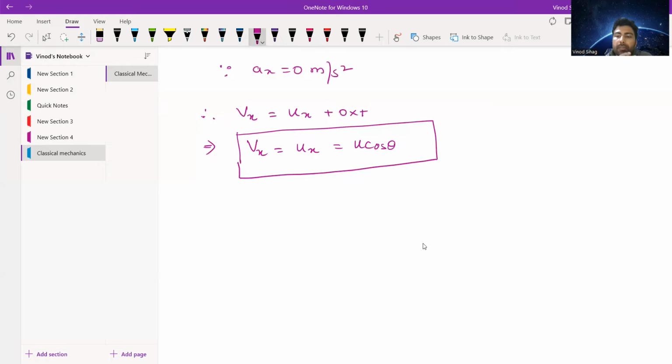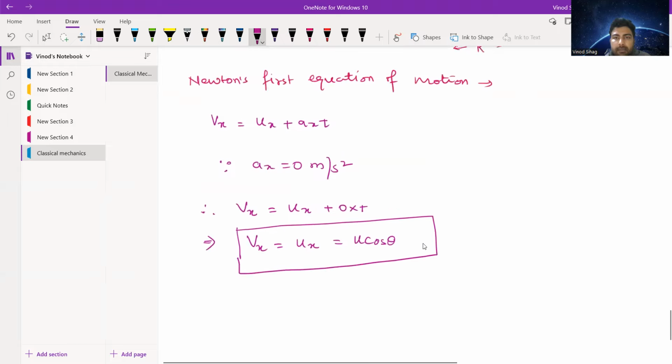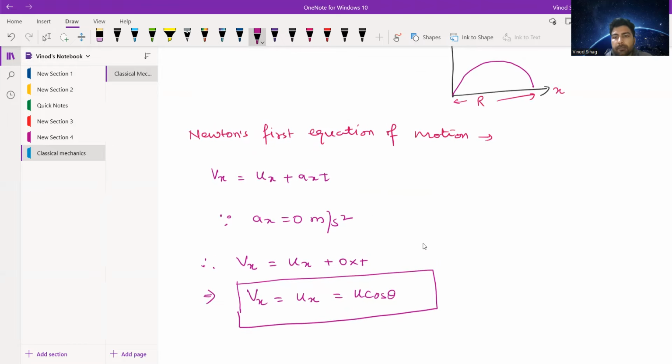So we will directly use the formula of speed, or velocity, that is distance upon time. Here we are going to determine the horizontal distance. So that will be the velocity into the total time taken by the projectile to cover the path.